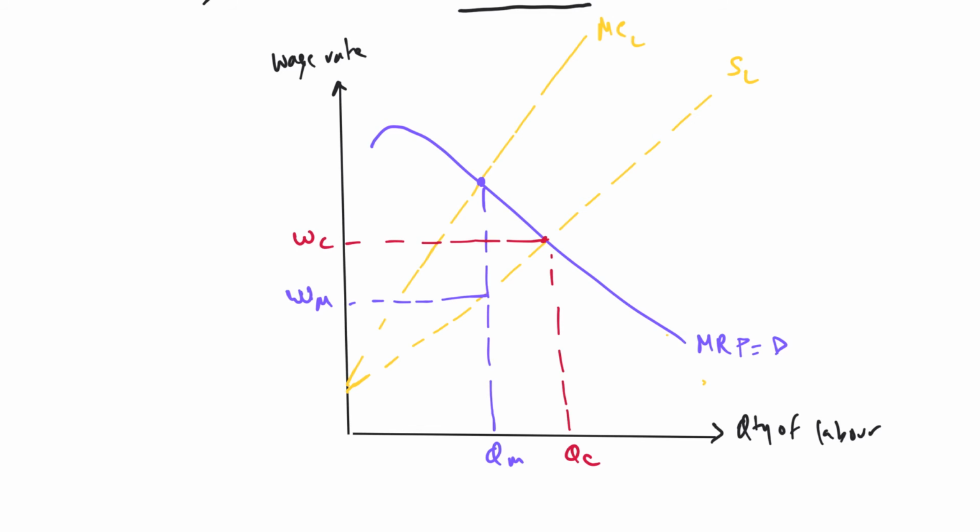Isn't that true? Now, let's say the trade union comes into play. Trade union says that, you know what, give us the wage equal to this competitive wage rate, or more.